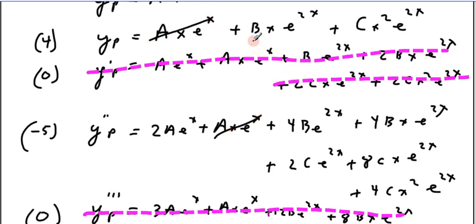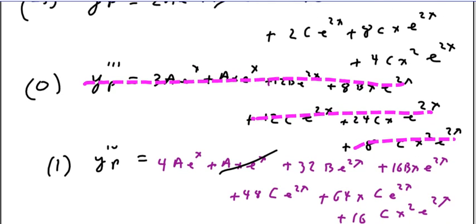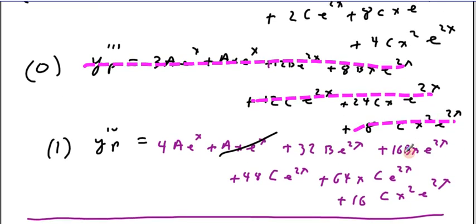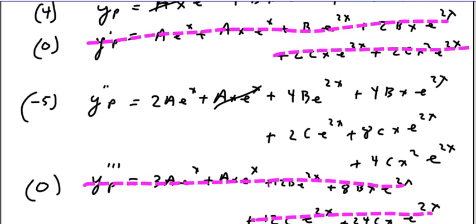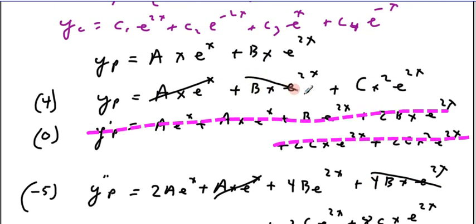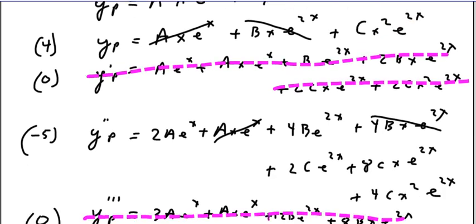Okay, I have 4 bx's. I have minus 20 bx's. 4 minus 20 plus 16 is going to be 0. So my bx terms go away. I got 4cx squared.